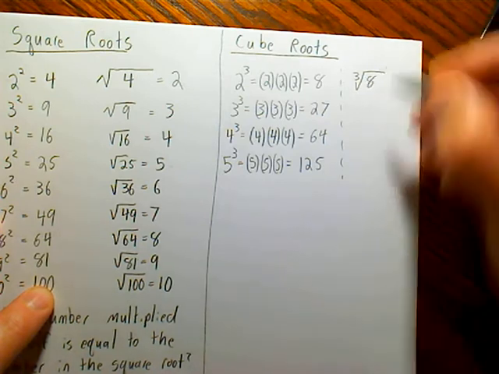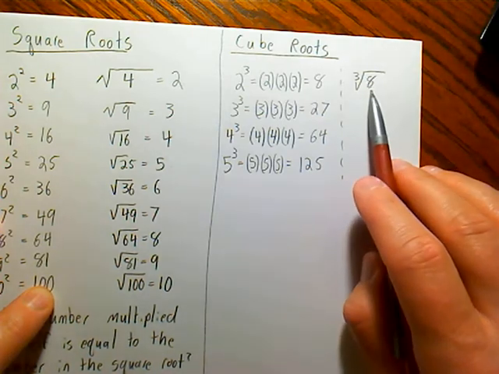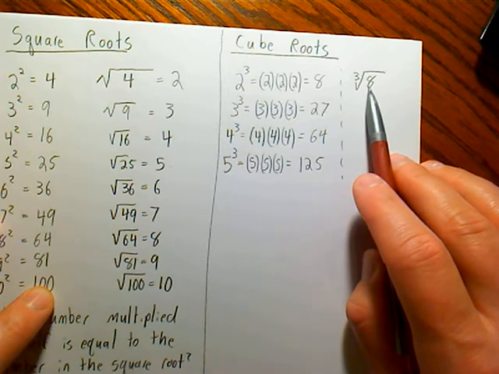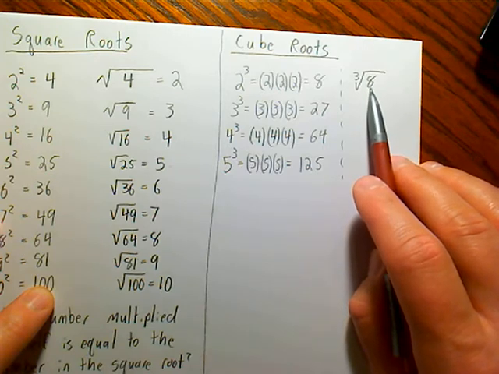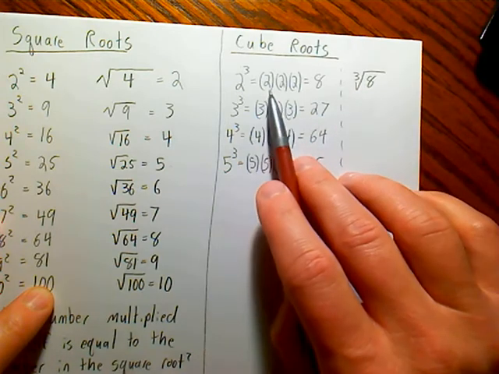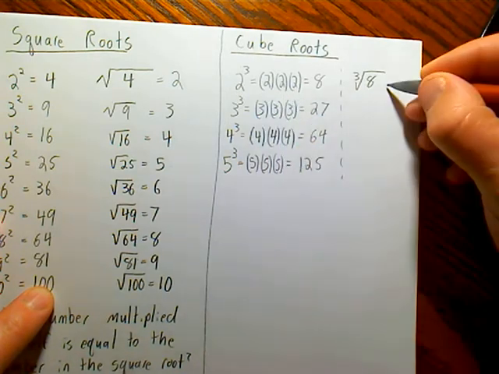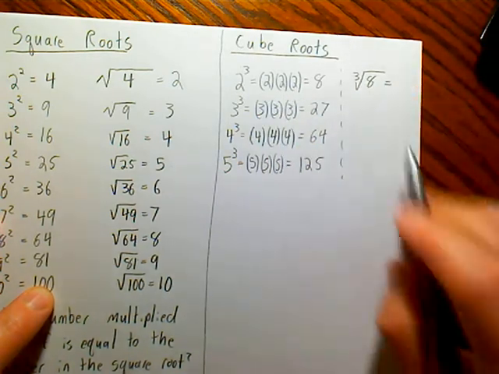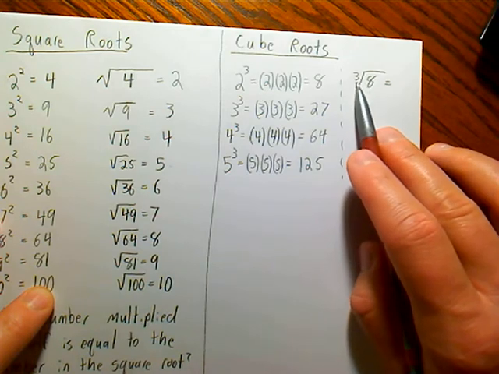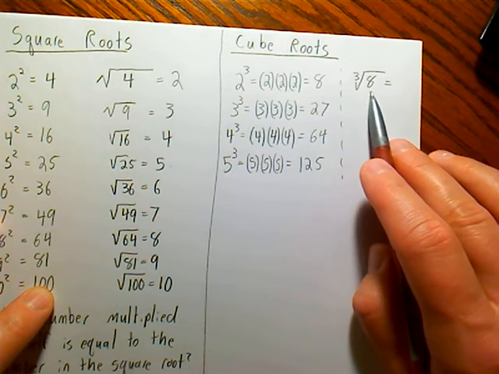If I wanted to know the cube root of 8, that means I'm asking myself, hey, what number times itself 3 times, 1, 2, 3, is equal to 8? What number times itself 3 times is equal to 8?